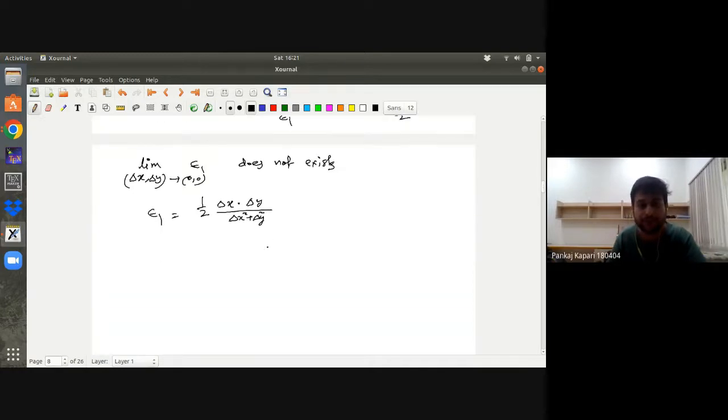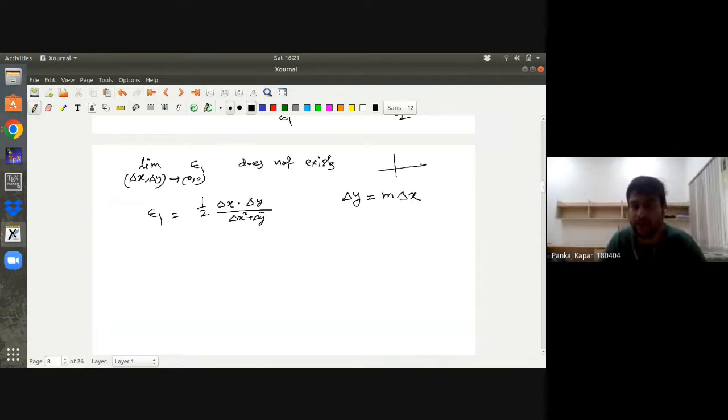You can see that the limit of this function doesn't exist as (delta x, delta y) goes to origin. Why? Because this limit is path dependent, which can be seen by considering straight line paths through the origin. Consider paths delta y equal to m times delta x.